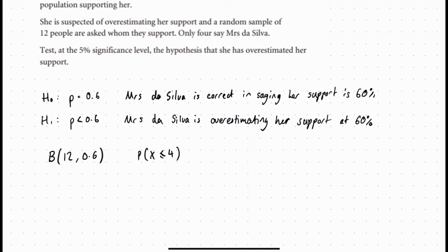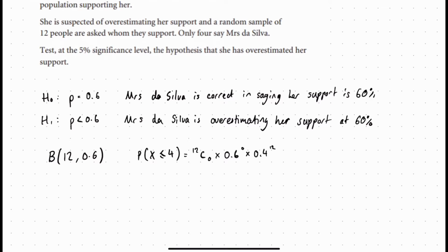Okay, so less than or equal to 4, so that's the probability of 0, 1, 2, 3, 4 all added together. So using the binomial distribution, you're going to use nCr, so 12 choose 0 for a probability of 0 times 0.6 to the power 0, because the success would be supporting her. In this case, no one is supporting her. This is the probability of no one supporting her. 0.4 to the power 12.